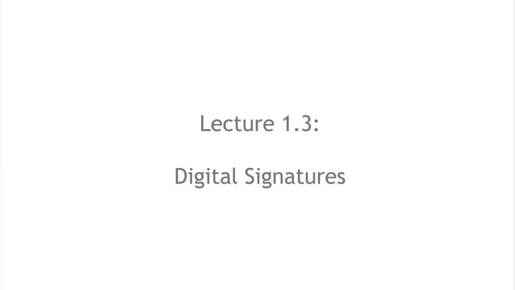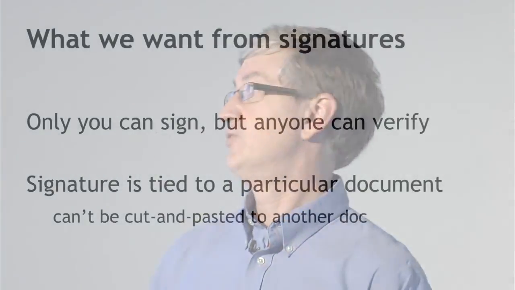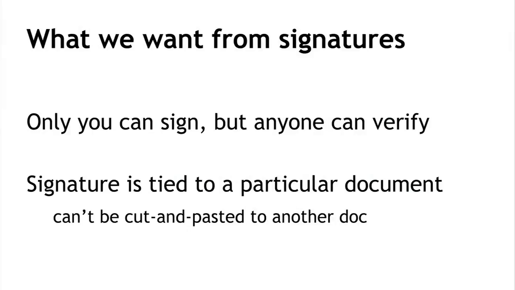In segment 1.3, we're going to talk about digital signatures. This is the second cryptographic primitive, along with hash functions, that we need as building blocks for the cryptocurrency discussion later on. A digital signature is supposed to be just like a signature on paper, only in digital form. What we want from signatures is two things.